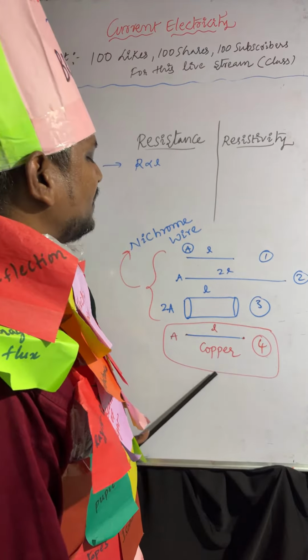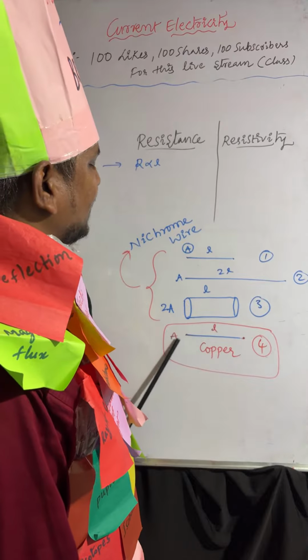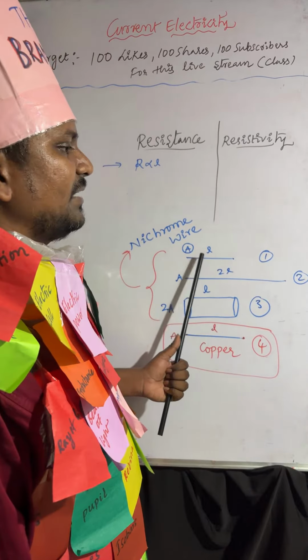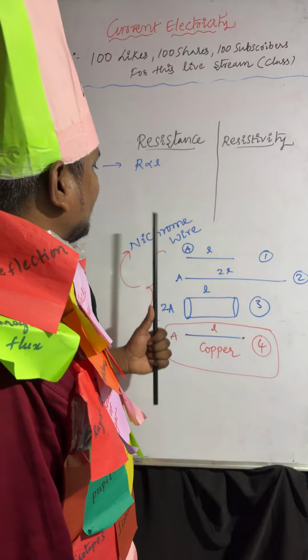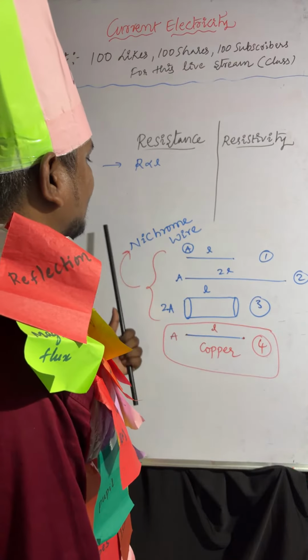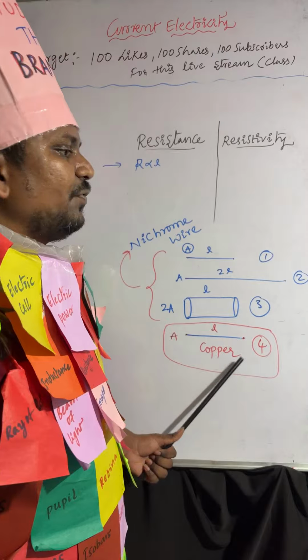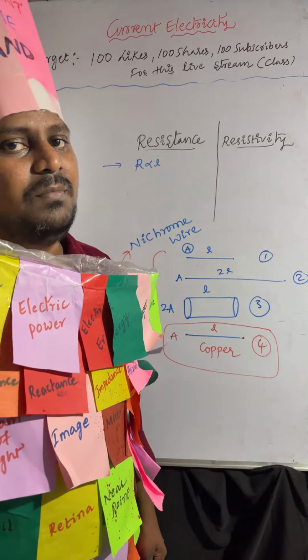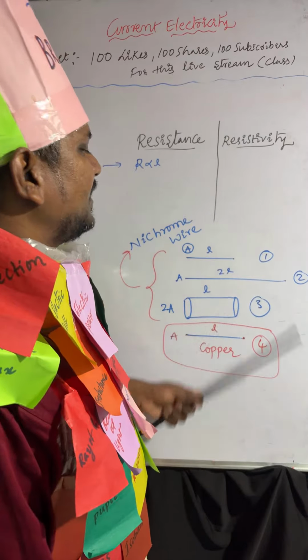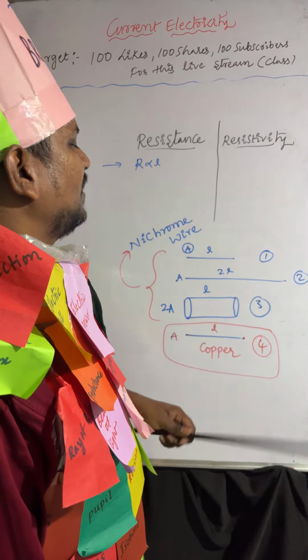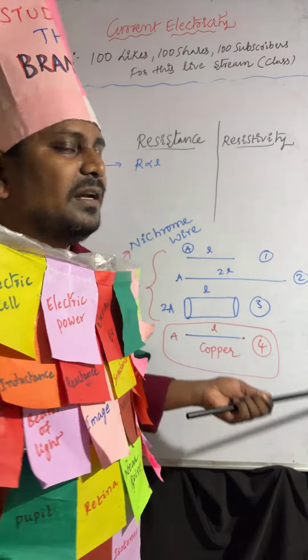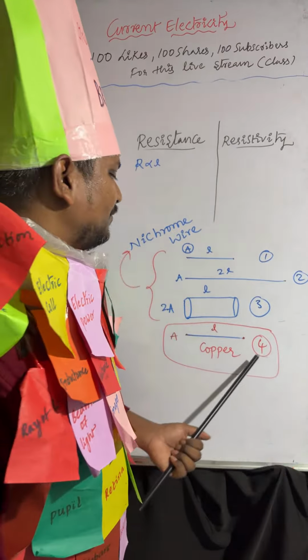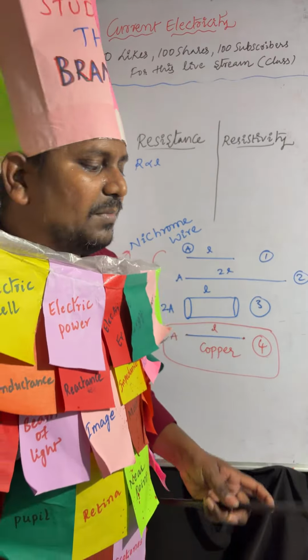Coming to the fourth case, same length, same area of the cross section as the first case, but instead of nichrome wire, I am taking copper wire. So different material. Observe the ammeter reading in case 1, case 2, case 3, and in the fourth case also.